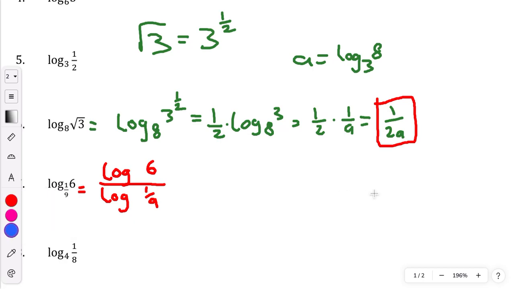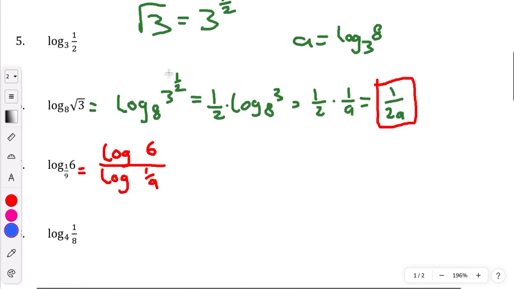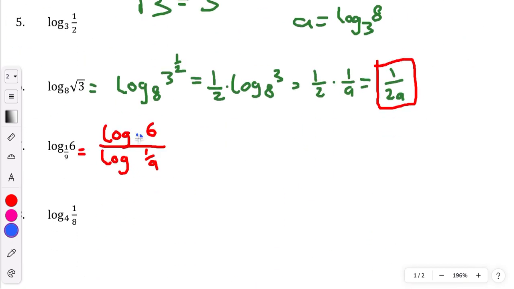I want to see if anyone else can figure this out. What base do you think I should use? Use log base 3. Okay, Kayla, why 3? Common factor. Okay, common factor. Yes. And also because of the A and B already, there's a 3 in each of them, so we could deal with 3. So I agree. We should do 3 for both of these, and look what happens.